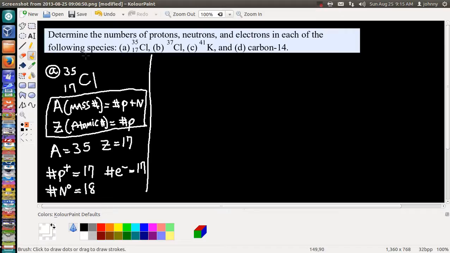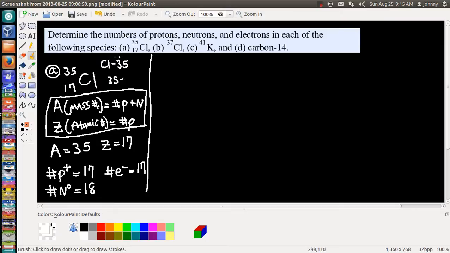If you really want to know what this is, it's the isotope chlorine-35 here, and a lot of times you will see it written like this, Cl-35. Sometimes you'll see the number mentioned first. You'll see it written 35 dash then the word chlorine.